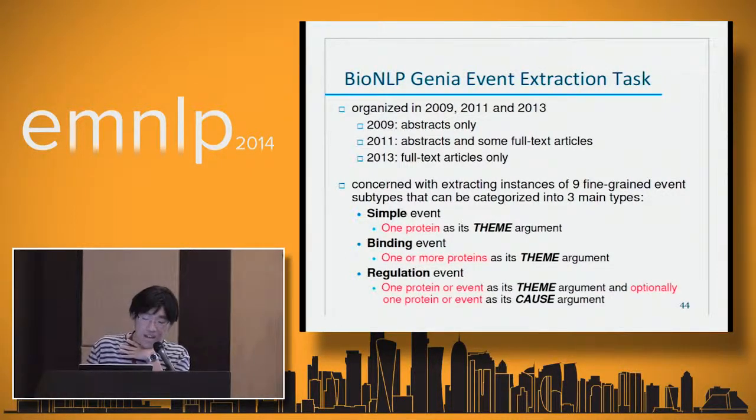And finally, regulation events can take 1 protein or event as its theme argument, and optionally 1 protein or event as its cause argument. And so you can see that regulation events are the most difficult events to extract because of their recursive structure, as well as the possibility of having an optional cause argument.